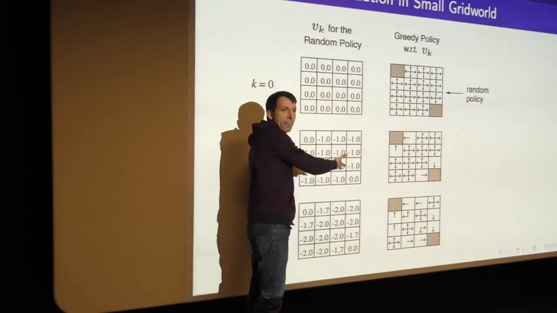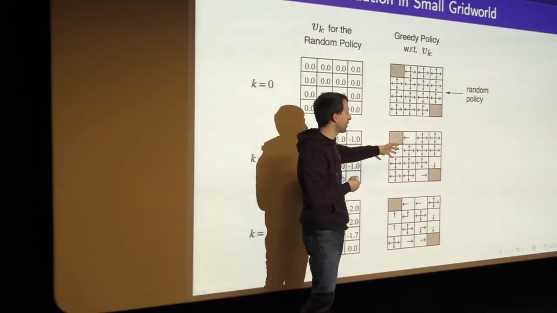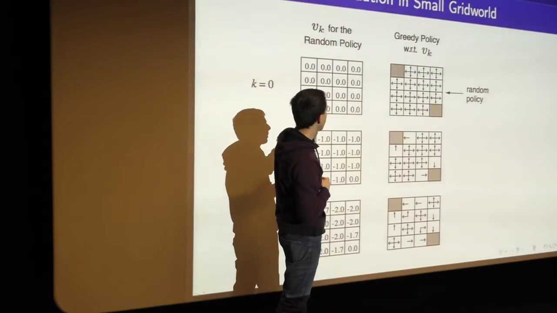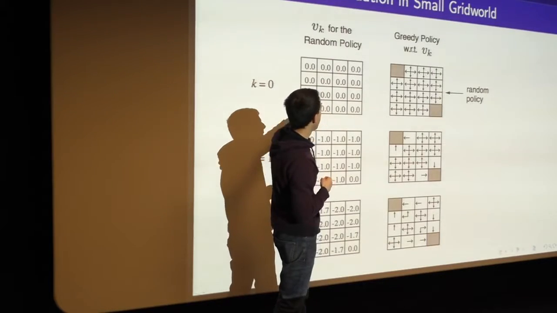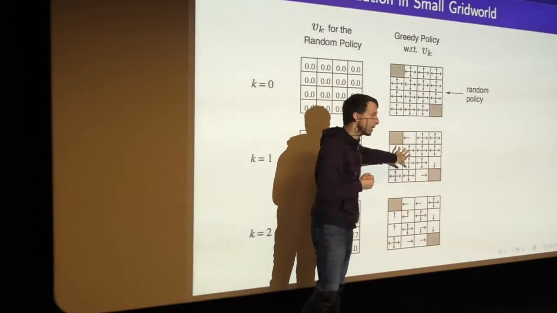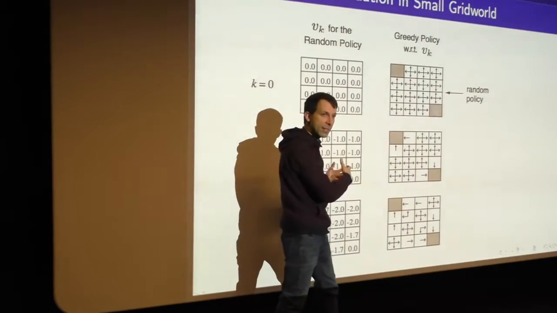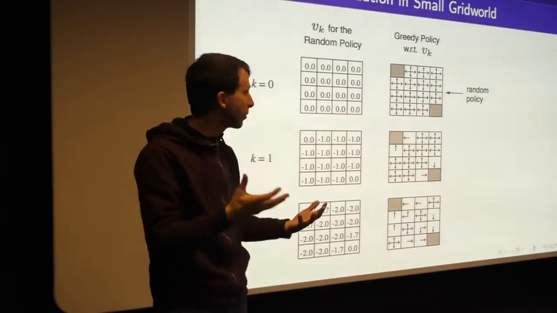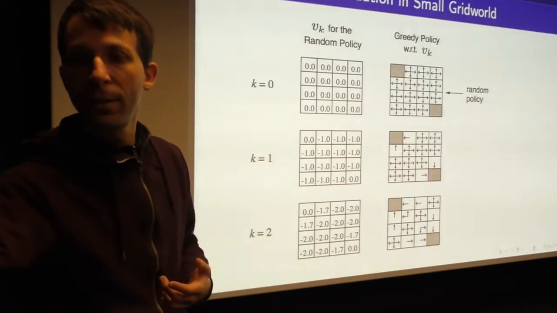But it's just some numbers, really. But we're acting greedily with respect to that and moving on already, straight away. And what value iteration does is it combines the step of generating this greedy thing and evaluating it into a single step of computing the max. So it doesn't build the policy as an intermediate step.